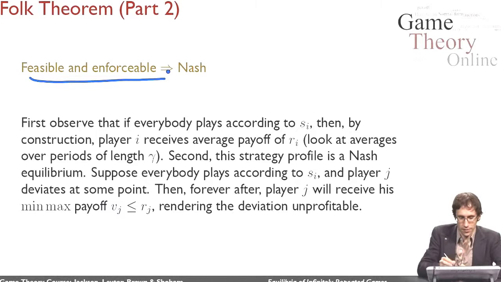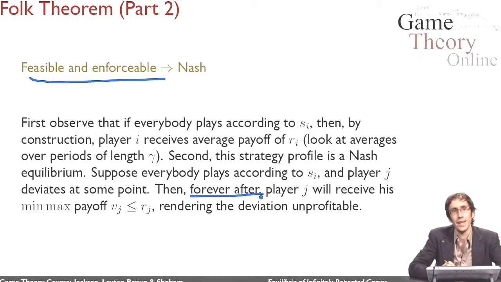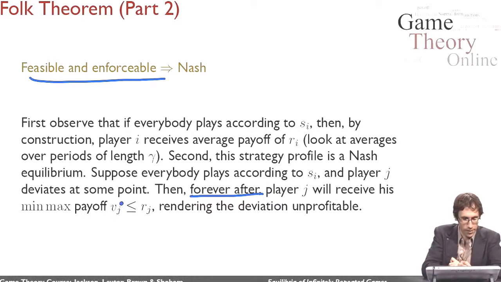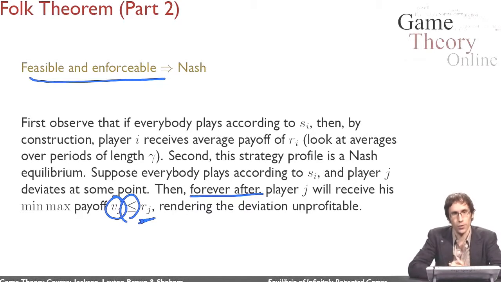And because this is going to happen forever afterwards, it's going to dominate the average. Everything that happened for a finite amount of time beforehand is washed out of the average, and instead his average payoff is going to be his minimax payoff. By what we're trying to prove here, we know that's less than or equal to Rj, so there's no reason he can gain by such a deviation.